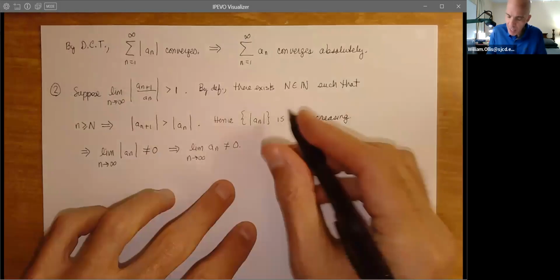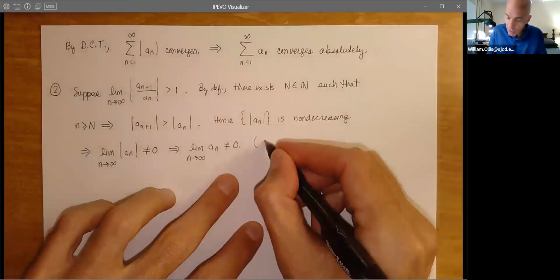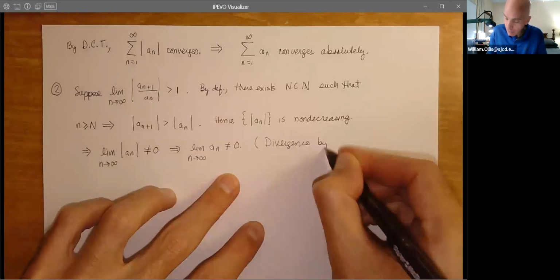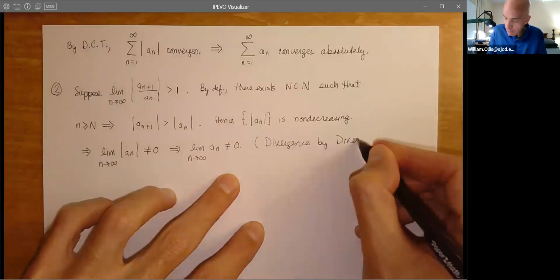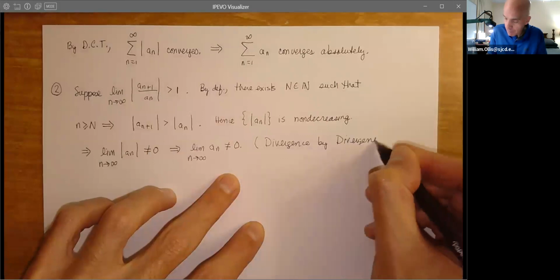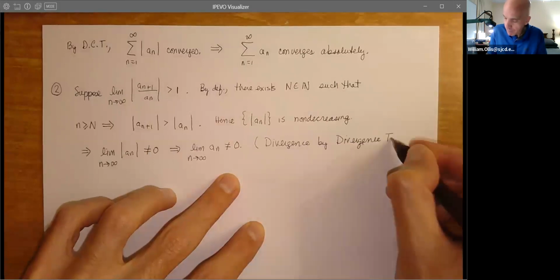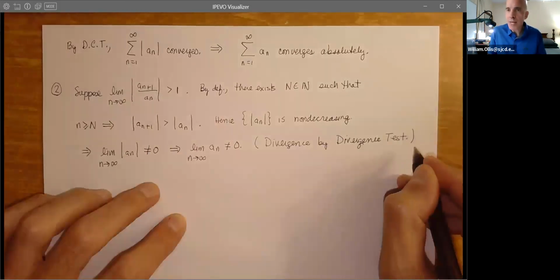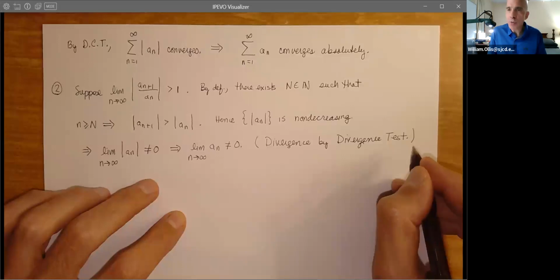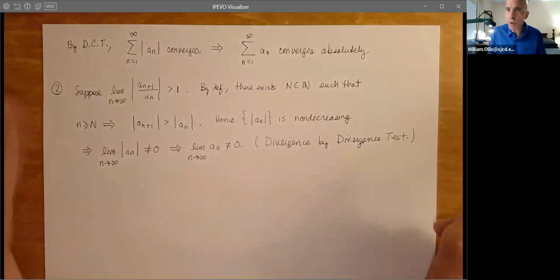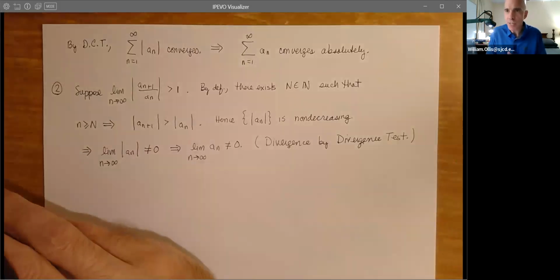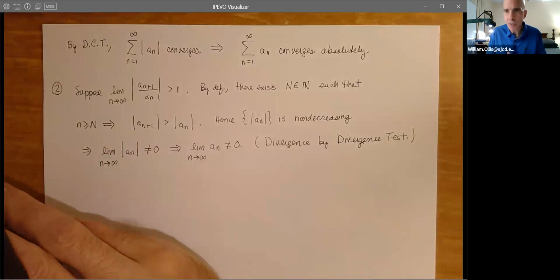So again, we see divergence by the divergence test. So this is like when you're trying to use the alternating series test and you show that the limit is non-zero, or not equal to 0, then you're thinking, oh, I think I just used the divergence test here, not the alternating series test.